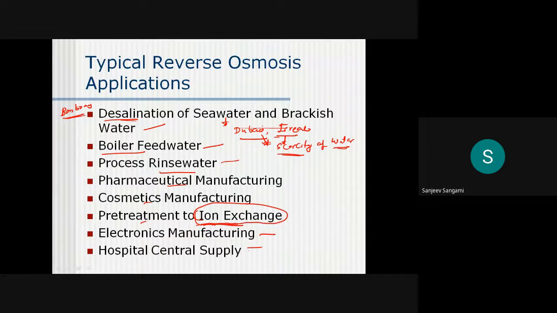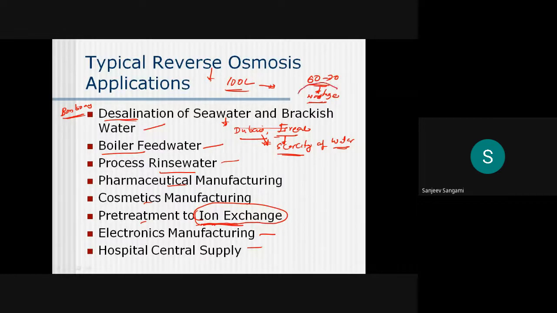The only one problem associated with this reverse osmosis is that, for example, if you are supplying 100 liters to an RO membrane, 60 to 70% will be wastage. So then how to reduce this wastage?